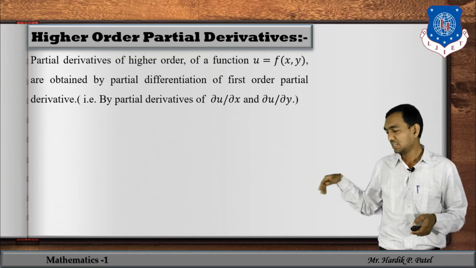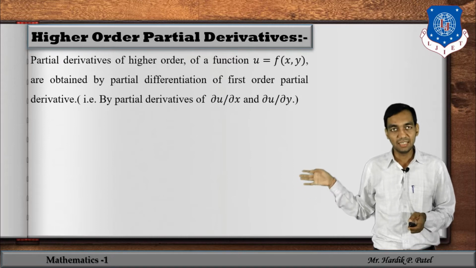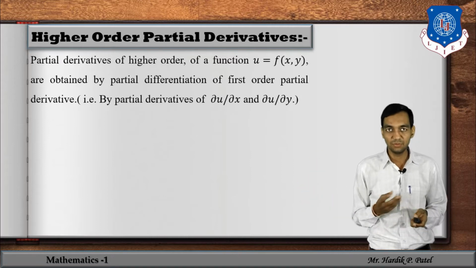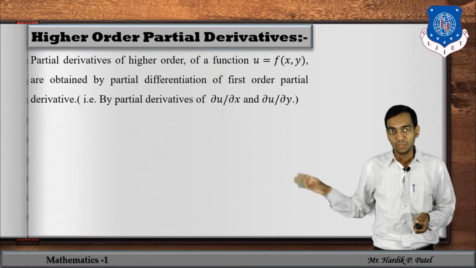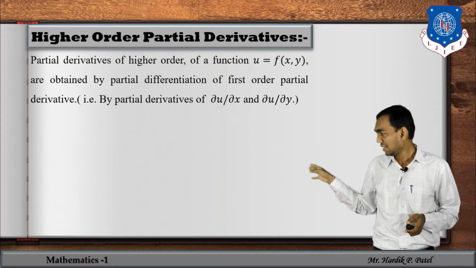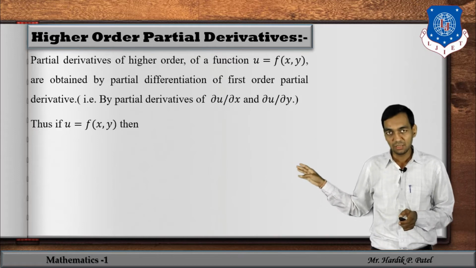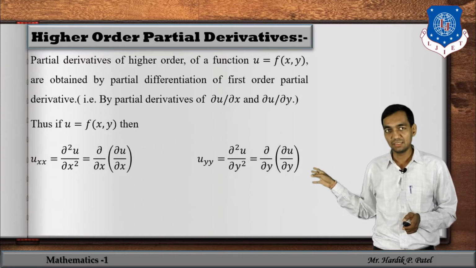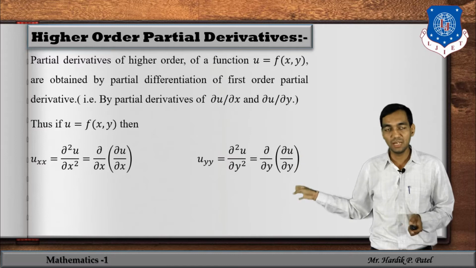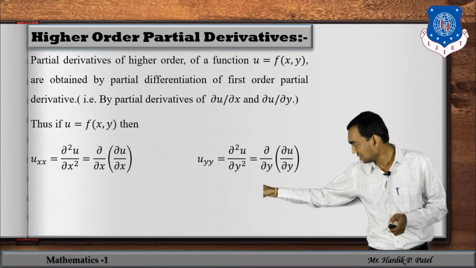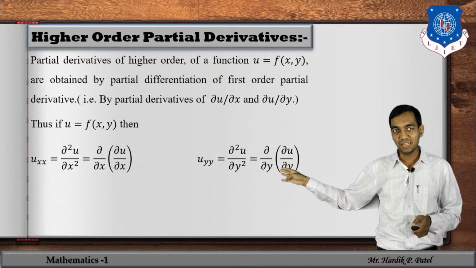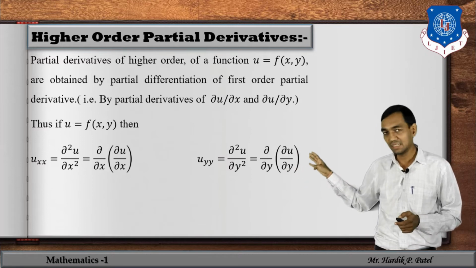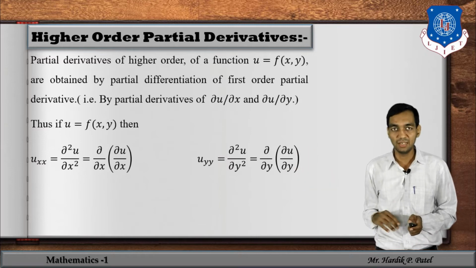So, you can differentiate del f by del x and del f by del y with respect to x and with respect to y. Now, if you are differentiating del u by del x with respect to x, then it is written in the form of del by del x of del u by del x, and that is denoted by del square u by del x square, that is your uxx. That means uxx is del square u by del x square, that is nothing but del by del x of del u by del x.